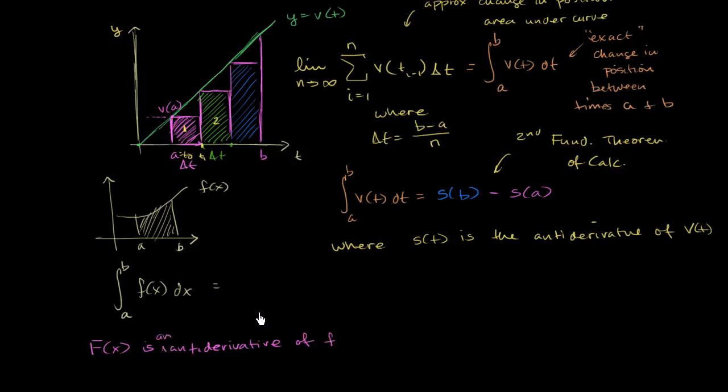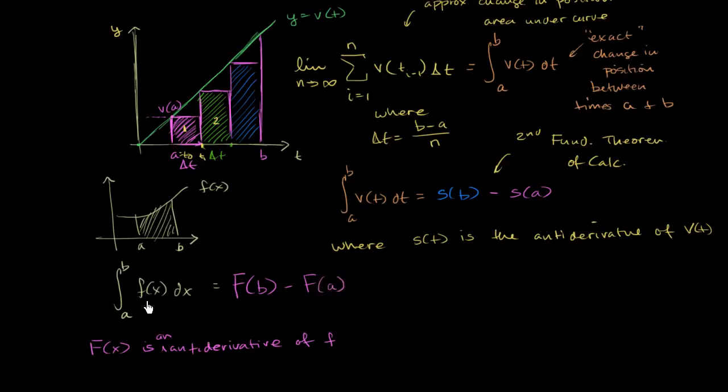Then you just have to evaluate the antiderivative at the endpoints and take the difference. So you take the endpoint first. I guess you subtract the antiderivative evaluated at the starting point from the antiderivative evaluated at the endpoint. So you get capital F of b minus capital F of a.